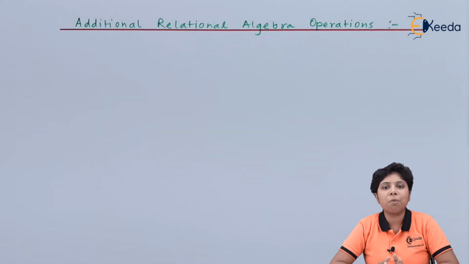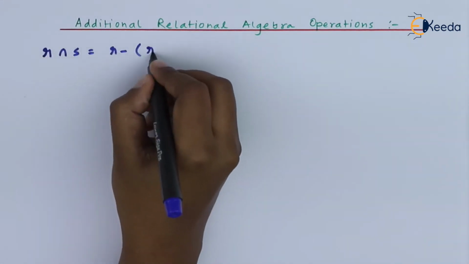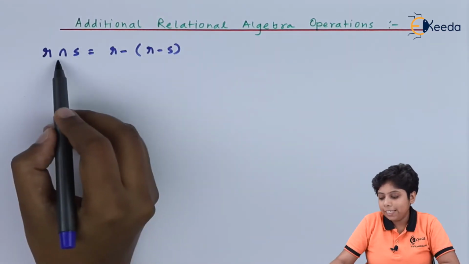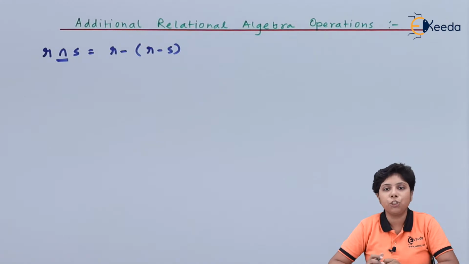When we talk about a set intersection, it is exactly equal to two set difference operations. Say suppose we have two relations R and S. So we can say this is the intersection operation, represented by an inverted U.